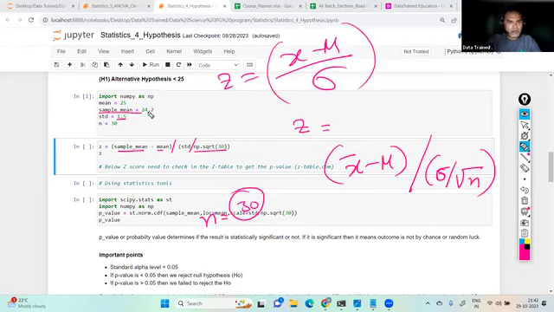We have a sample mean, a sample average. This is the population average. This is the sample average. For this sample average, we don't have a standard deviation. So how do we get that standard deviation? We are going to use the standard deviation divided by the square root of n. This is how we will get the sample standard deviation.